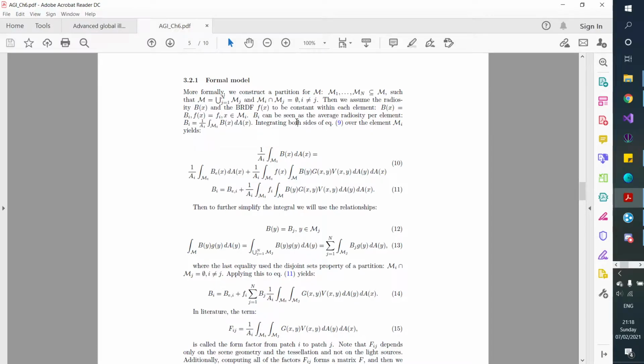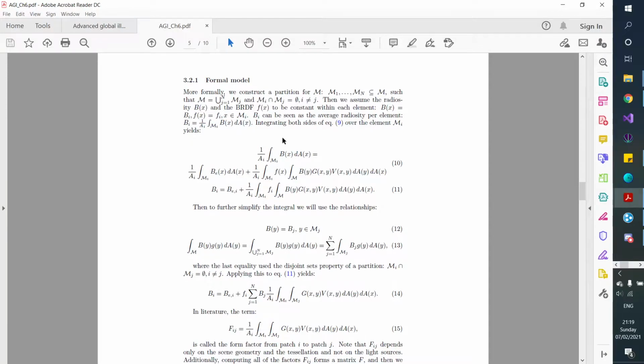You use such a tessellation, and then you pretend that in every patch your functions are constant. So the radiosity is constant, the BRDF is constant, and even if they were not constant, you can think of these as taking the average inside the patch.